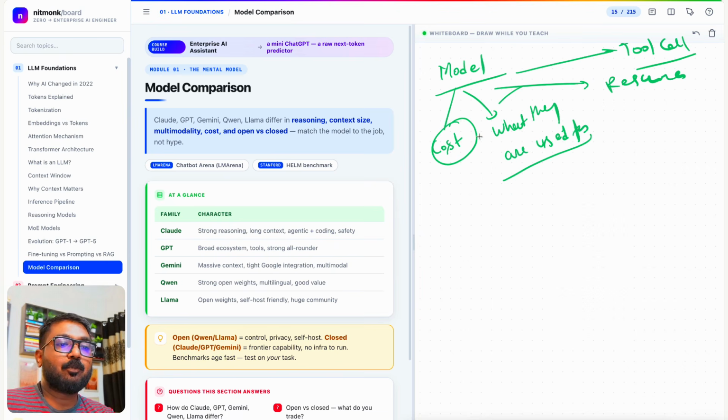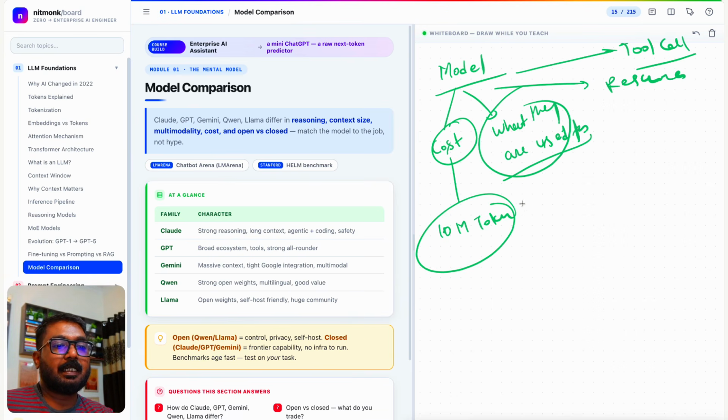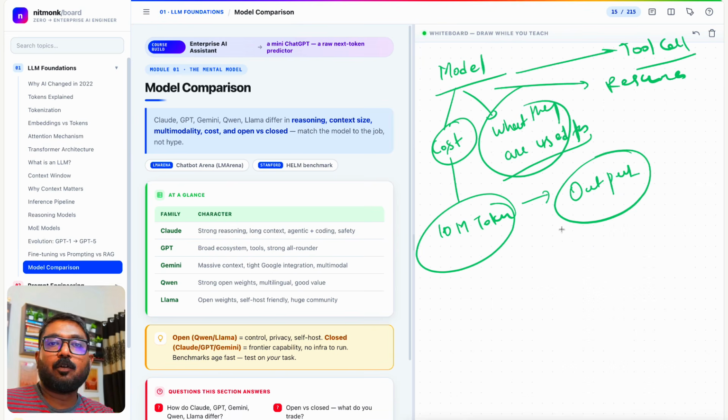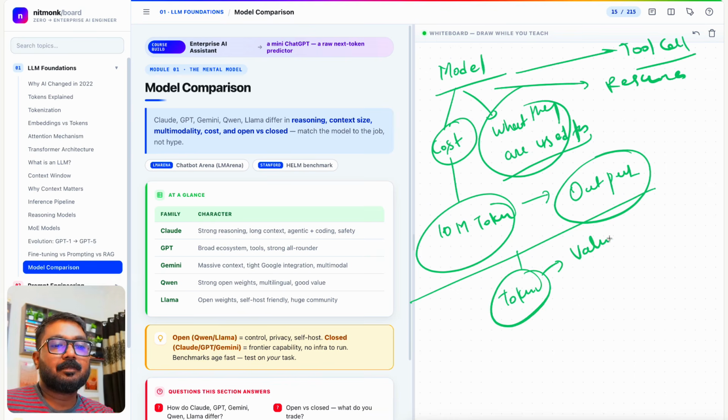All these things we have to first understand, like how much cost they charge for, let's say, 10 million tokens that we push in, and how much for the output tokens, because there is an encoder and a decoder, and both take the input and produce the output. Both times they have to do all the calculation of matrices, and on the basis of the tokens they calculate these values, correct?